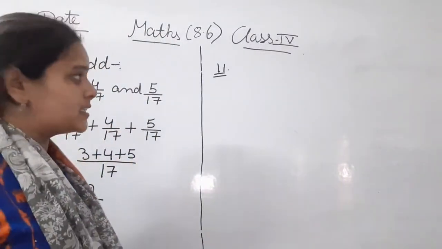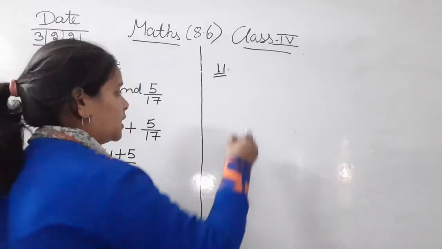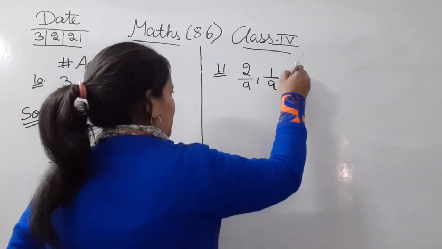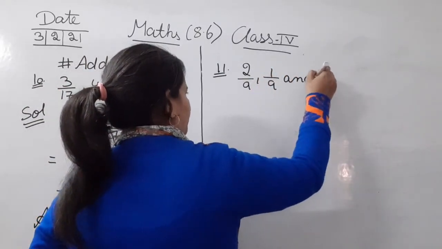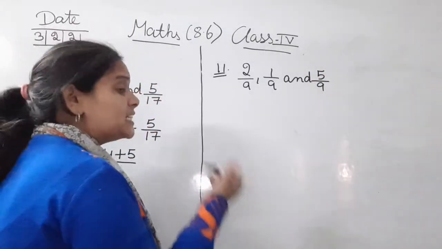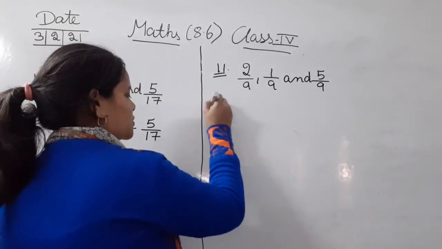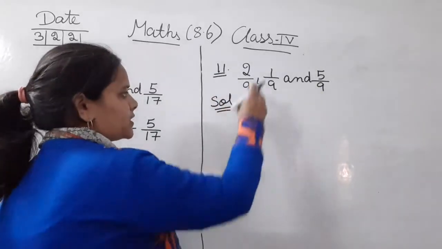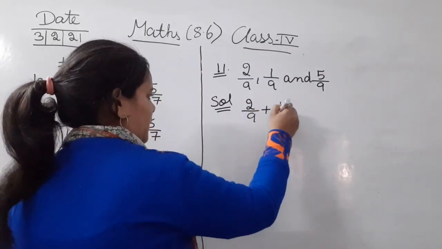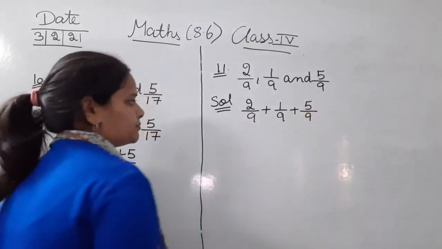So let's add these three fractions. Solution: 2 upon 9 plus 1 upon 9 plus 5 upon 9.